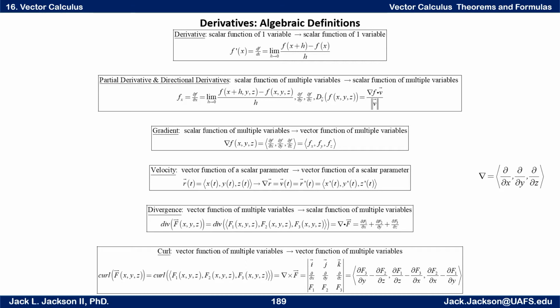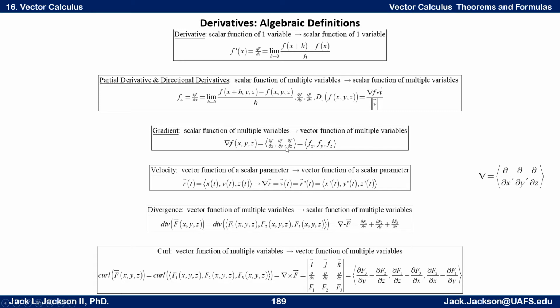And we can use those, actually we use the gradient down here, to get our idea of a directional derivative in some other direction besides just say the x or y or z axis directions. The gradient takes a scalar function of multiple variables, say 3 variables, and the output is a vector function of multiple variables, and you do it by just a scalar multiplication of this del operator across here.